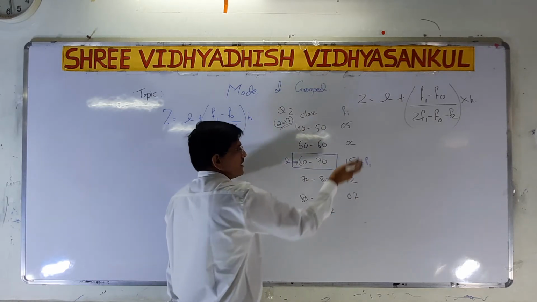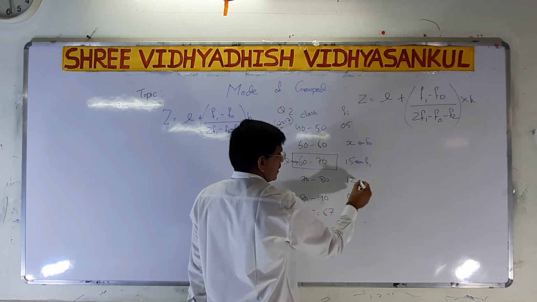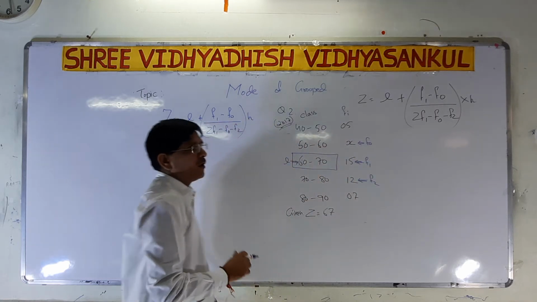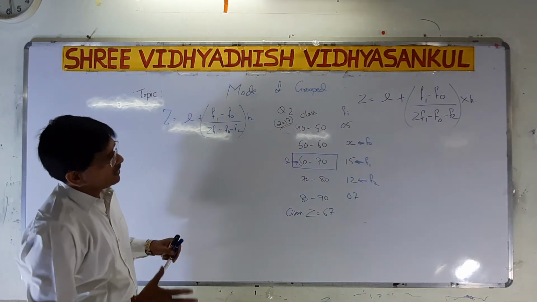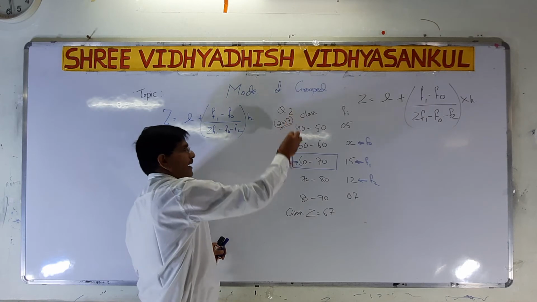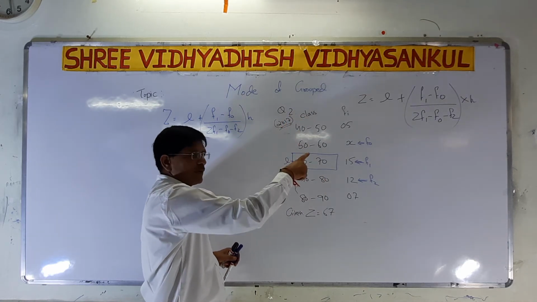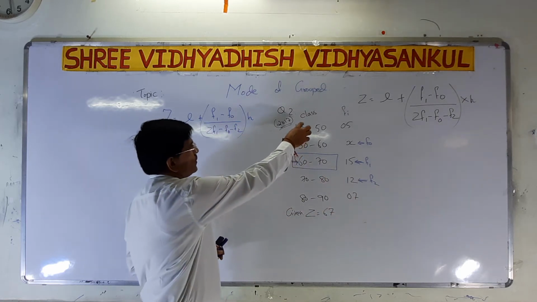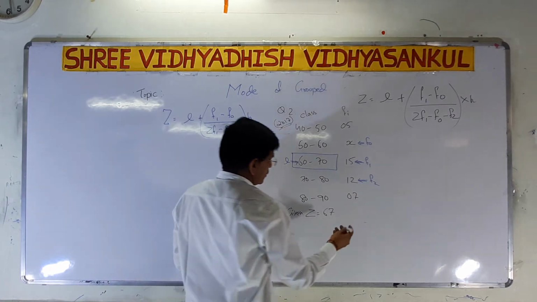Preceding is F0, and succeeding is F2. So we have F0, F1 and F2. All the values: L we have got, F1, F0 and F2 we have got. Now H. If you see properly, the difference is 10, so H is also 10.